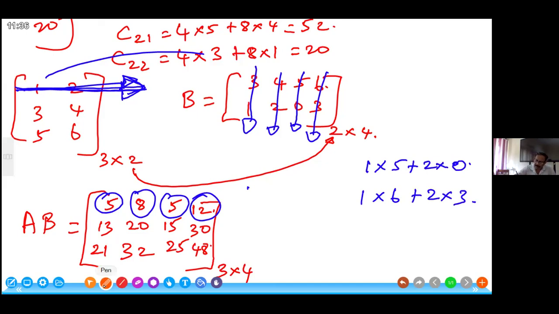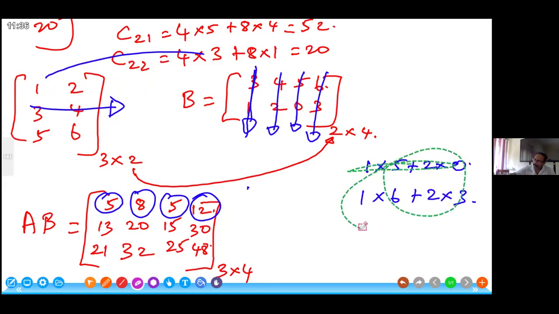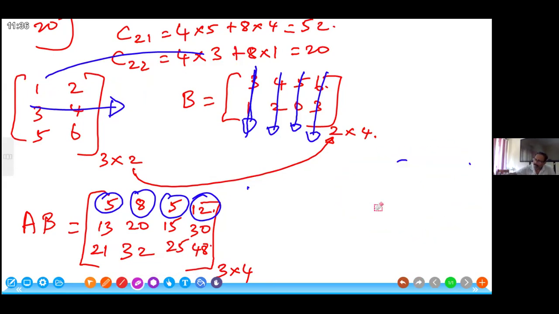Then you go for the second row with first column: 3 into 3 plus 4 into 1, so that is 13.